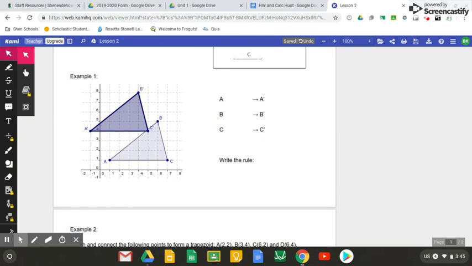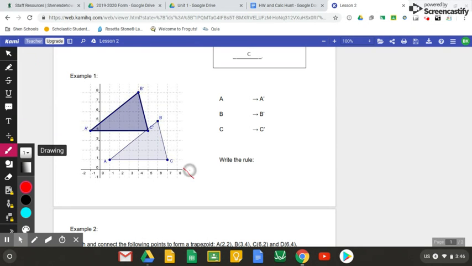All right. So our first example, example 1, first we're going to write the rule for this. So we've got the two figures here. We have to state the coordinates of A, B, C, then A prime, B prime, C prime. So remember, we read our X's first, which are on the bottom, then our Y's.